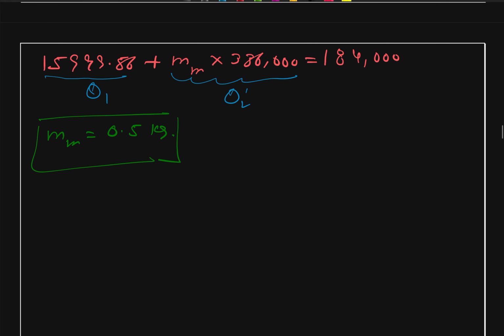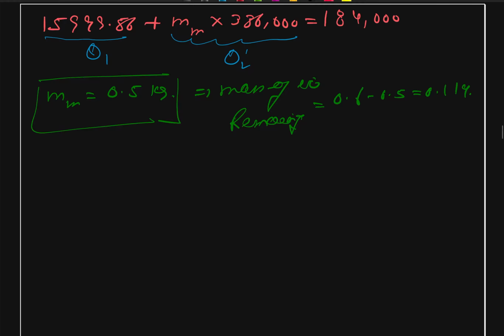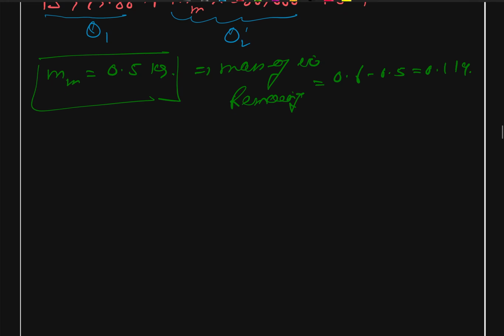And this melted, so it means mass of ice remaining will be equal to 0.6 minus 0.5, which is giving us 0.1 kg. Therefore we can find out the ratio now.